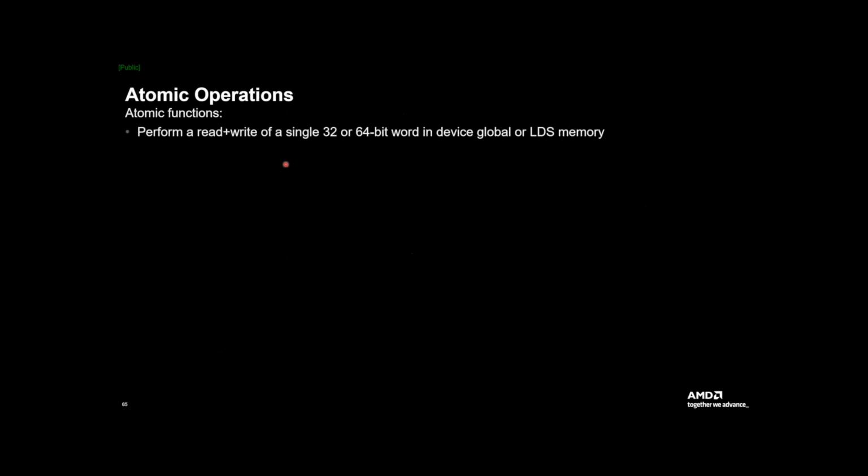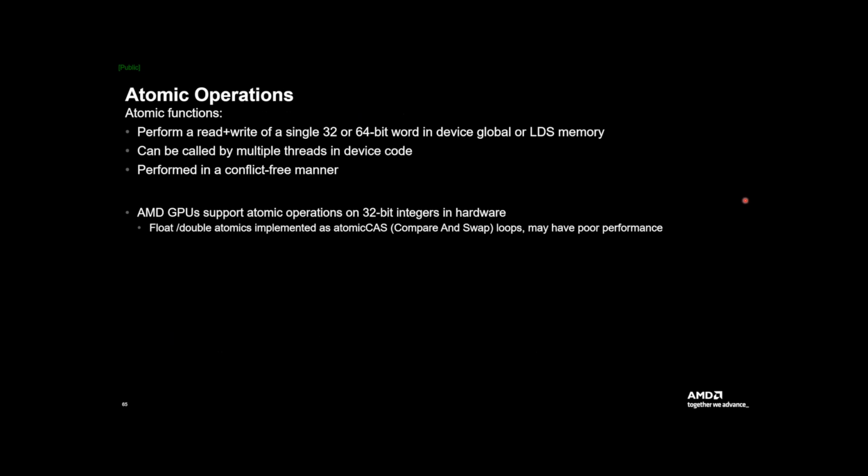Now, atomic operations perform a read-write of a single 32 or 64-bit word in device global or LDS memory. They can be called by multiple threads in device code and perform in a conflict-free manner. AMD GPUs support atomic operations of 32-bit integers in hardware. So you do atomic operations to avoid some race conditions, etc., in some cases, depending on your algorithm.